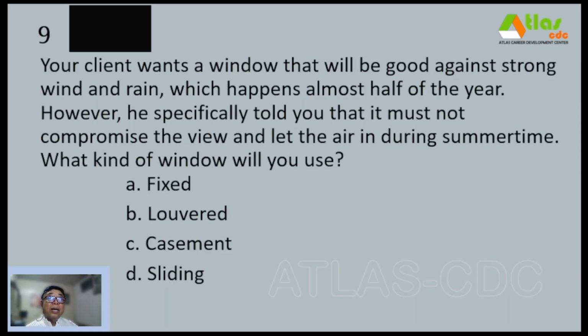Number 9, your client wants a window that will be good against strong wind and rain, which happens almost half of the year. However, he specifically told you that it must not compromise the view and let the air in during summertime. What kind of window will you use? A. Fixed, B. Louvered, C. Casement, and D. Sliding.